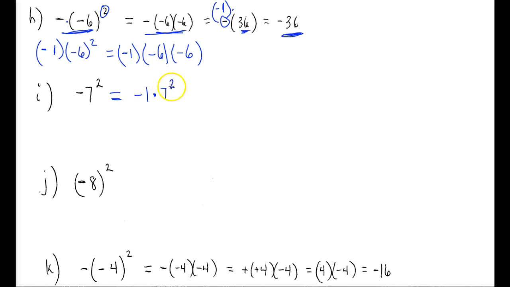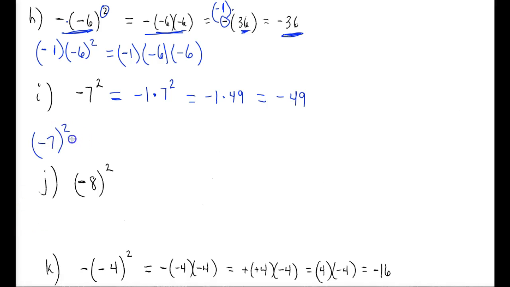According to order of operations, we have to do 7 squared first. 7 squared is the same as 7 times 7, which is 49, and we get -49 for our answer here. Now, this is different from doing this.